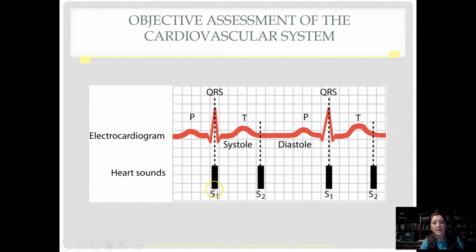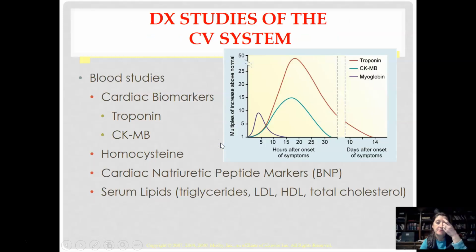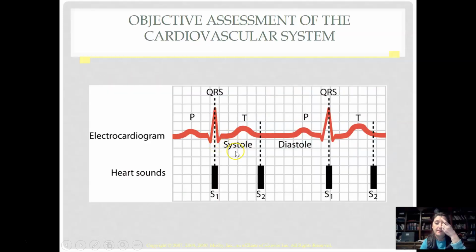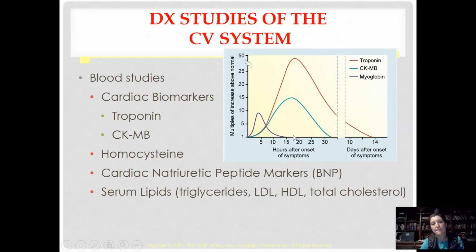And you can see what causes the heart sound. So you can see that S1 is the ventricles contracting. We have this big electrical peak. And S2 is the start of diastole.